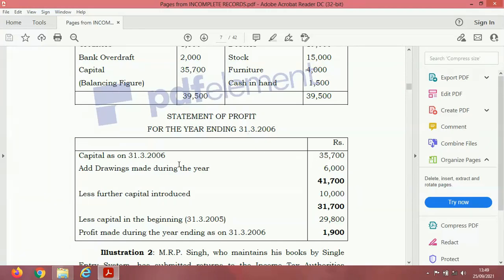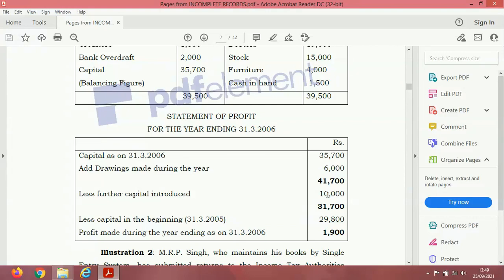After calculating that, we add the drawings made during the year of 6,000 and get 41,700. Then we less the capital that was introduced of 10,000. We less it because capital is not supposed to be included in profit.